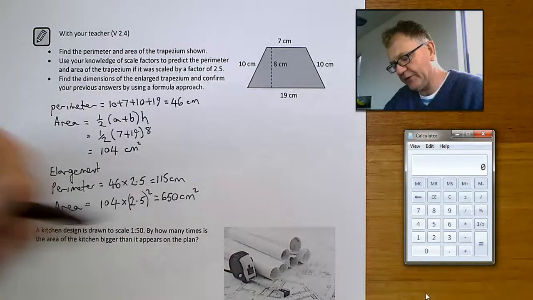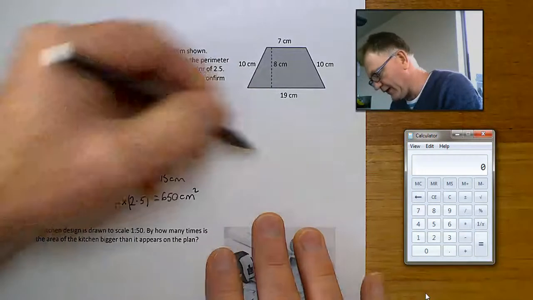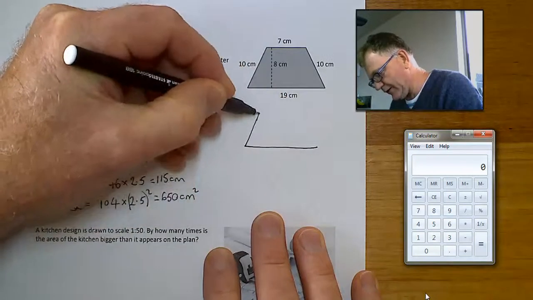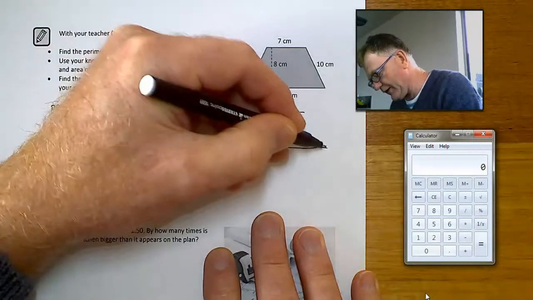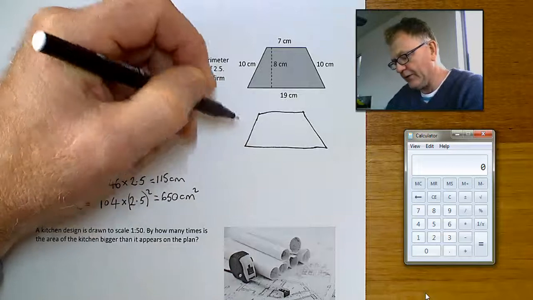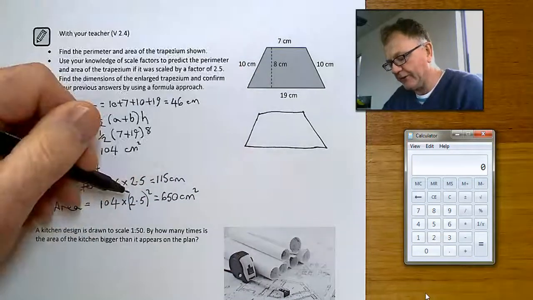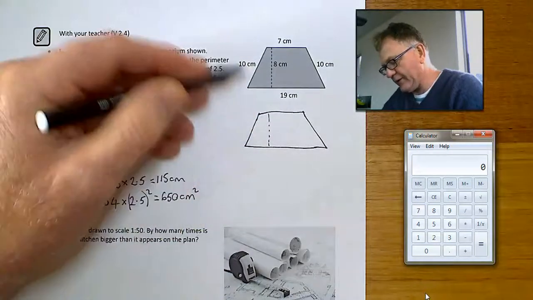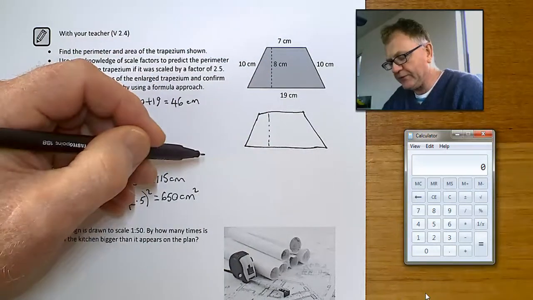We're going to check these figures now, because we're going to work out the area using our classic formulas if it was increased by the scale factor of 2.5. Each of the sides will be 2.5 times their current size.